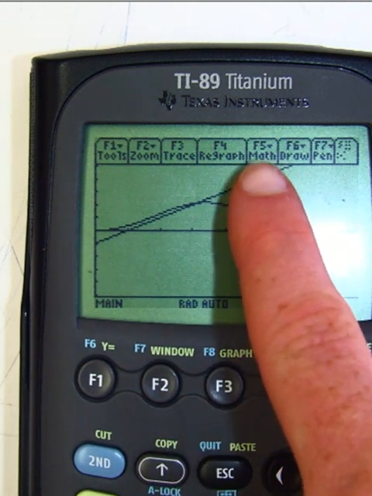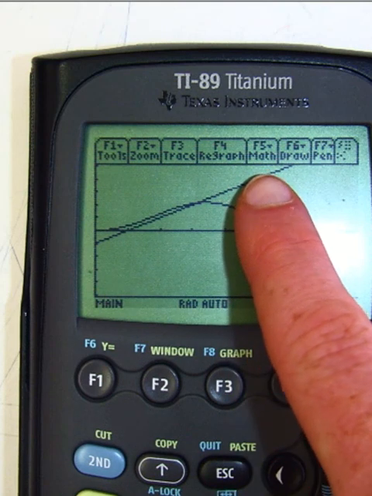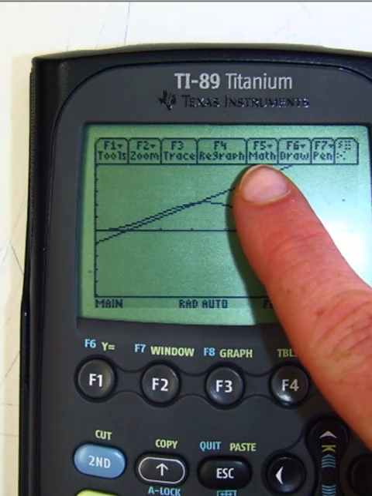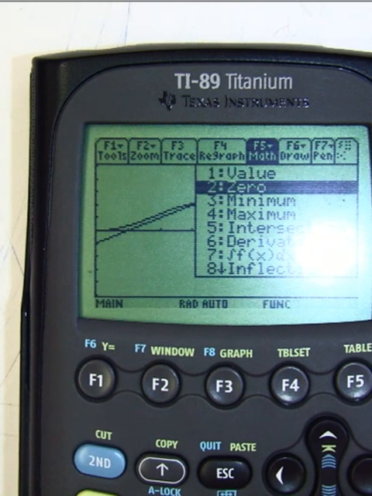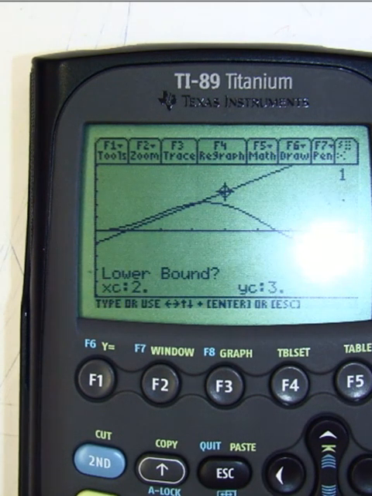So to find your zeros on the graph, F5 is math, and you've got all the regular options that you have on the 83 and 84. Value, zero, minimum, maximum, intersection, and then it's got some other stuff that we'll talk about later. But if I want to find the zero, that's option number 2.